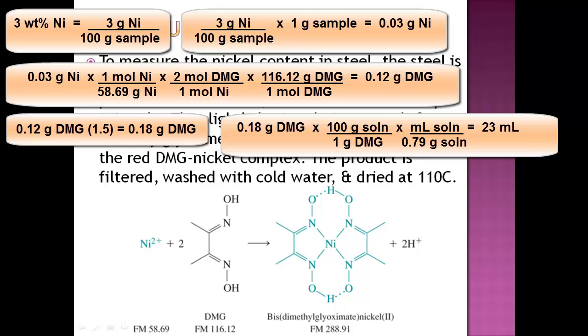And now you can tell the end point: they wanted to know how much volume of this 1 weight percent DMG you need to add. So you use the density. The density will cancel out the grams of solution and give you the milliliters of solution that you need. That ends up being 23 milliliters. So you need to add 23 milliliters of this 1 weight percent DMG solution to analyze 1 gram of steel for nickel, knowing that nickel is around 3% in steel.